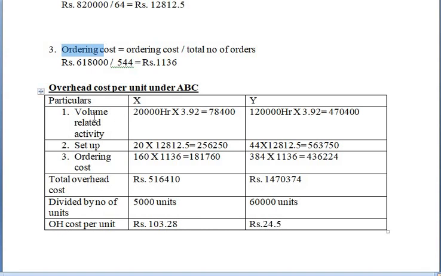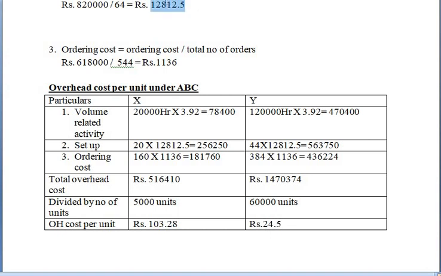Now calculate overhead cost under ABC system. The first one, volume related activity, is based on machine hours: 20,000 hours and 1,20,000 hours, and per hour we have calculated 3 rupee 92 paisa. The second one, setup cost, is based on number of setups: 20 in X and 44 in Y, multiplied by 12,812.5 per setup.